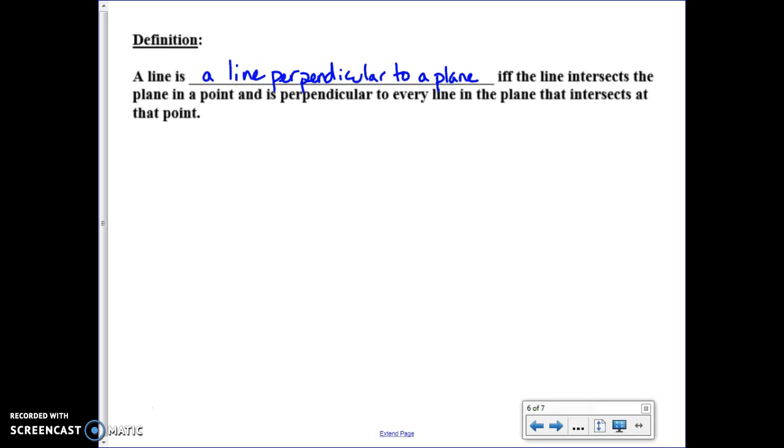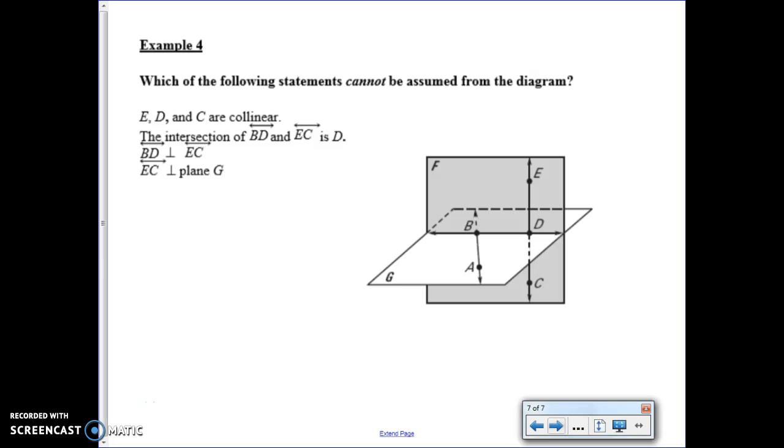So read that definition a few times. We'll talk about that in class as well.